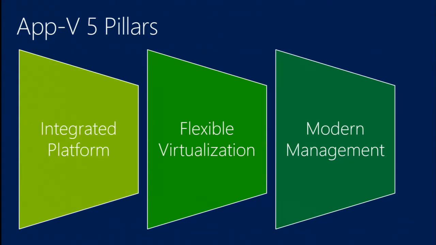So integrated platform, what that really means is that you can dial the isolation of the package from fully isolated to not fully isolated. The history of AppV4, actually AppV, goes back to RDSH machines, where people were having a heck of a time taking apps that were, in some cases, incompatible and putting them on RDS machines. Full isolation was tremendously helpful in that situation. But in a desktop deployment, you may not actually want that isolation.